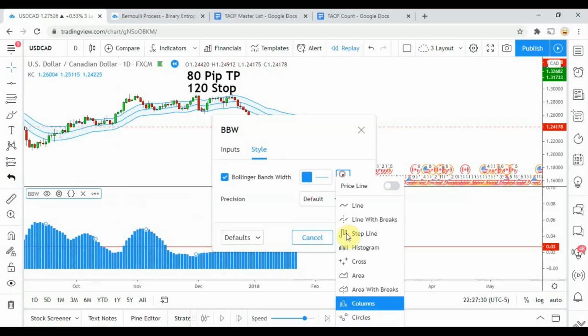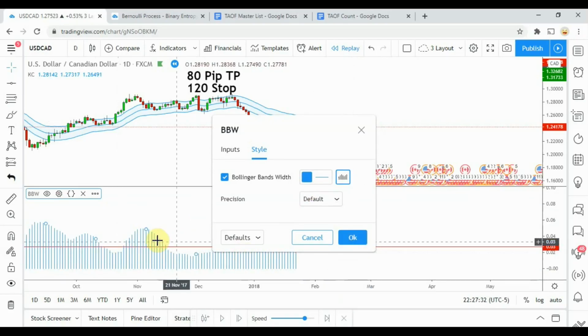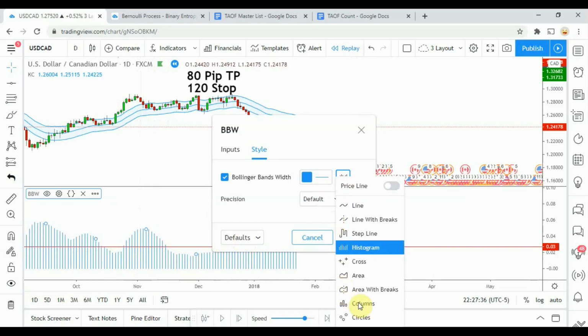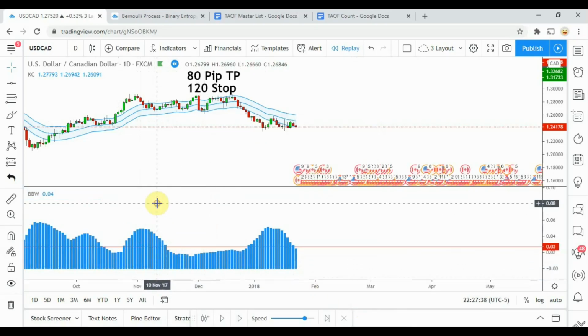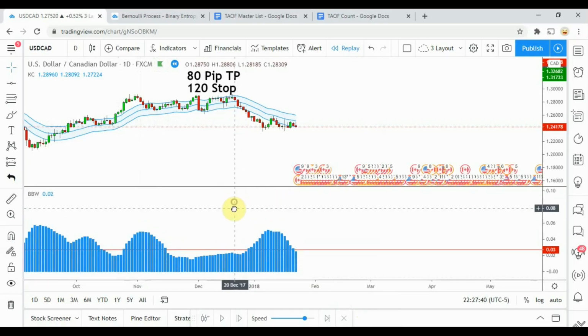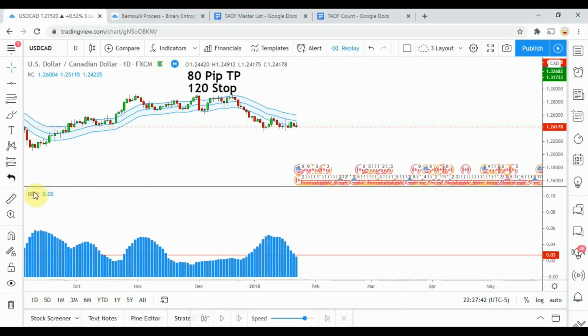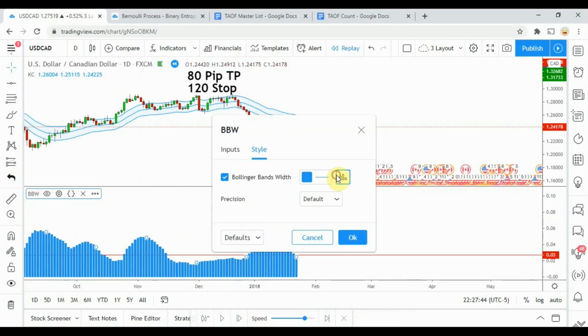And so it looks kind of similar to a histogram. There is a histogram form right here, which has little bitty skinny bars, and what I want is bigger, thicker bars. So columns is what it is classified as underneath the settings.